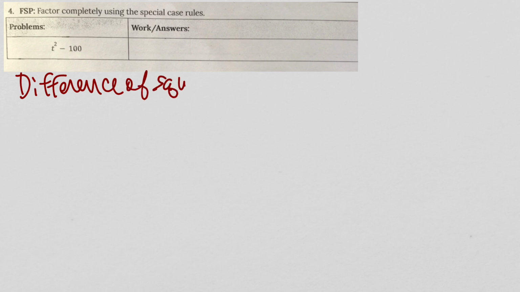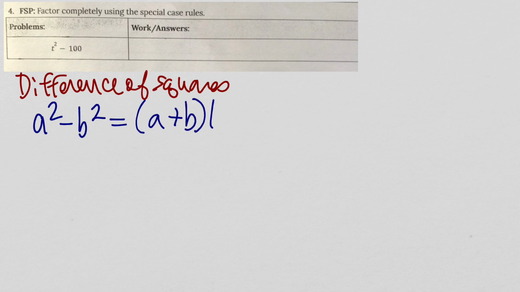Okay, now we have factoring special polynomials, FSP. The first type is difference of squares. So if you remember the formula from the note catchers, if I gave you something like this, it factors into a plus b, a minus b.